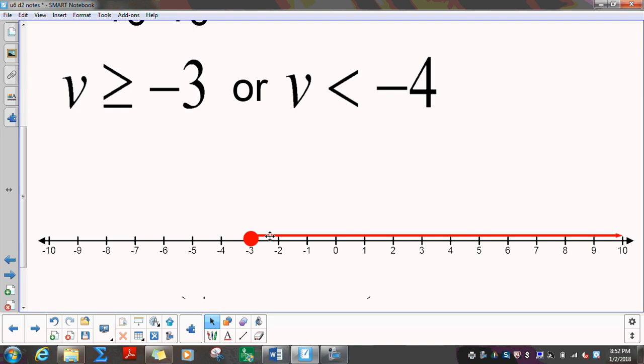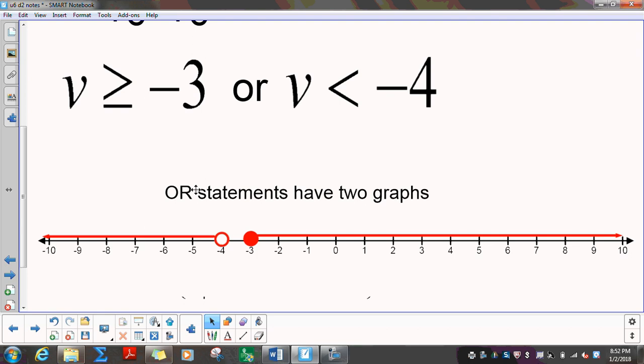Put a closed circle on negative 3 and point to everything greater than negative 3. Then v is less than negative 4, we graph that as well. Here's negative 4, and less than means we're pointing to everything smaller than it, and it's an open circle because it's not equal to.